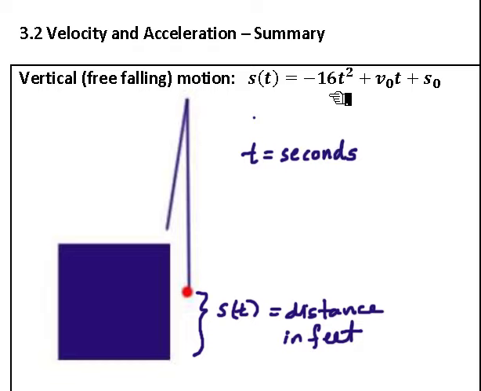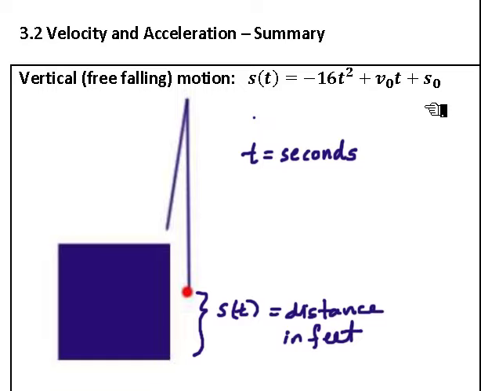And if we're talking about an object that is being thrown up and down, and gravity is acting on the object in order for it to fall down, then gravity is going to play a role in this function. So that's why this function always has a certain form. It always starts with minus 16t squared plus the initial velocity, that is velocity at time 0, times t, plus the initial position, that is the distance from the ground at time t equals 0.